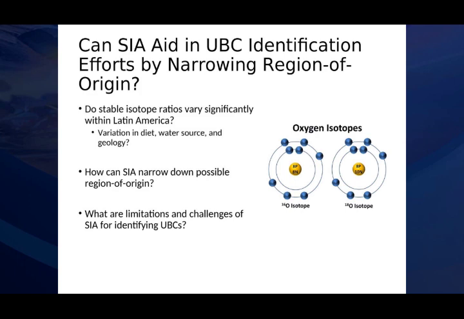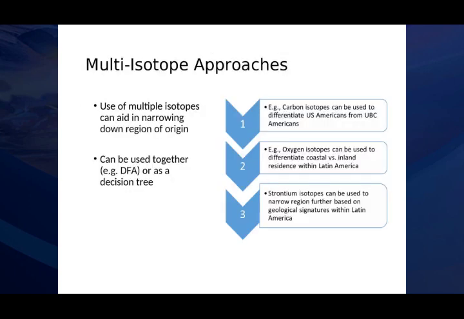There are many, and my feeling is that we're in just very early stages of this kind of research. So the use of multiple isotopes is definitely a good thing for helping narrow down region of origin, because the more isotopes you use, the more that you can identify specific differences between groups.